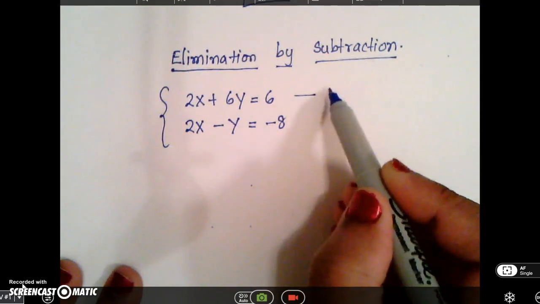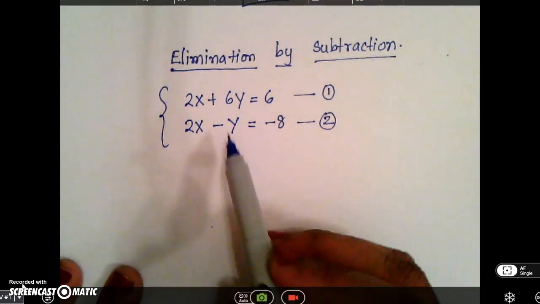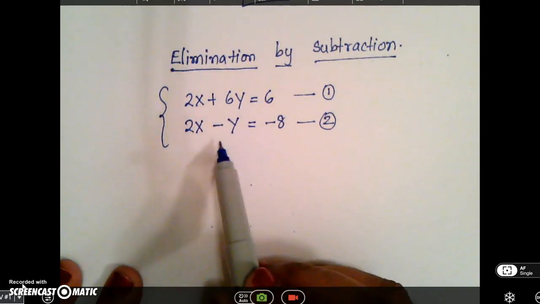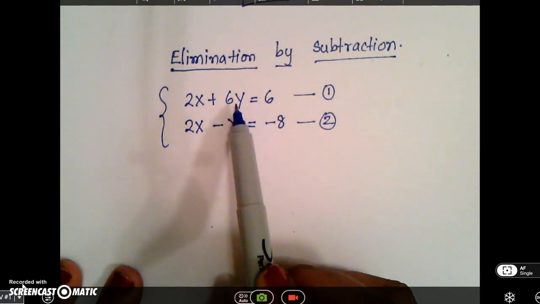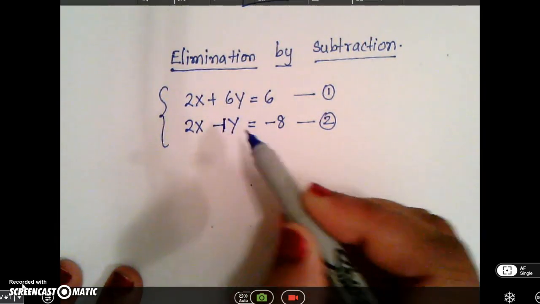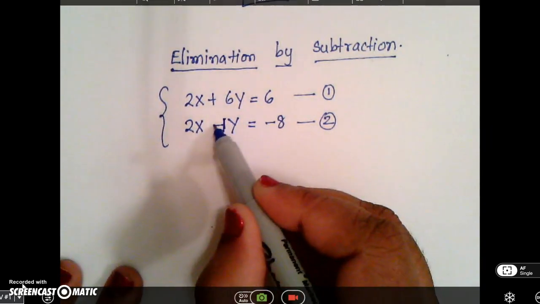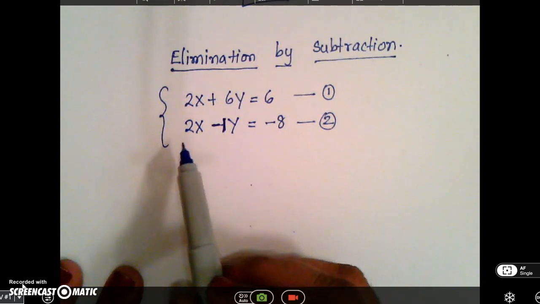So this is equation number 1, equation number 2. I look at my variables and I see the coefficient of x is one and the same. The coefficient of y is 6 and negative 1. If I don't see a number, I'm going to replace it with a 1, so that way I don't confuse myself.